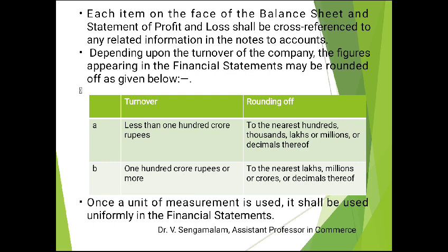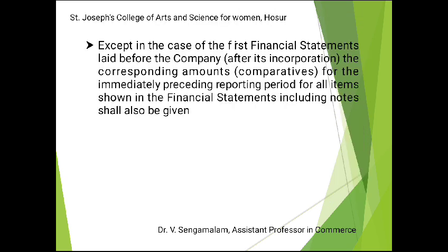Once a unit of measure is used, it shall be used uniformly in the financial statements. Except in the case of the first financial statement laid before the company after incorporation, the corresponding comparative amounts for the immediately preceding reporting period for all items shown in the financial statements, including notes, shall also be given.